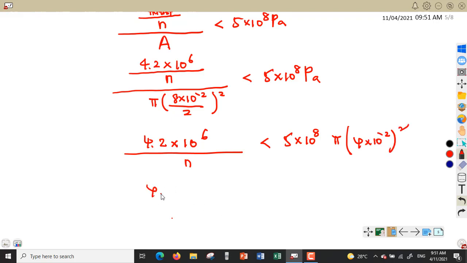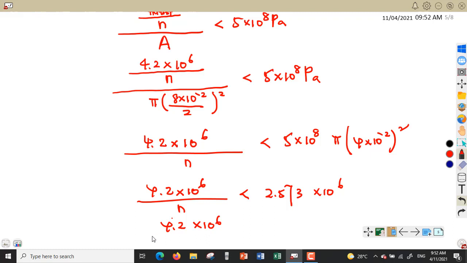Okay, so I'll get 4.2 to the power of 6 over n. Here I solve it, I will get 2.573 to the power of 6. So in order to get the minimum number of bolts, I rearrange it and bring this down: 2.573 to the power of 6 less than n.